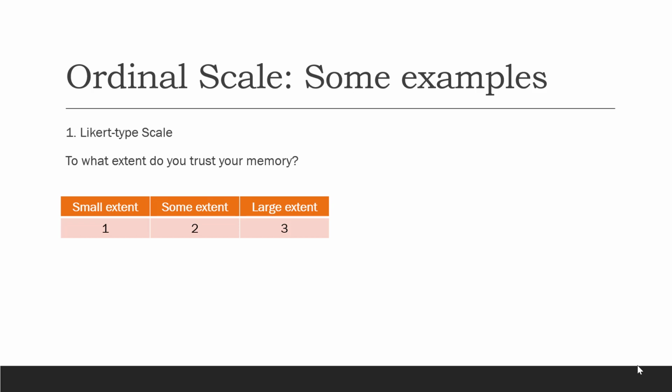The first concept to really understand is to recognize the reality that for ordinal scale, the gap between the first number to the second number, from 1 to 2, does not really equal the gap between 2 and 3.